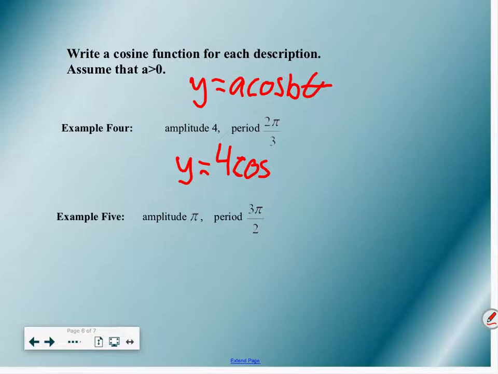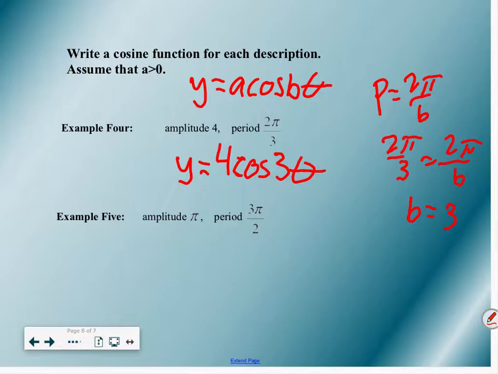No. I know my period is 2 pi over B. My period in this case is 2 pi over 3. So I have 2 pi over 3 equals 2 pi over B. Cross multiply: 6 pi equals 2 pi B. So B is 3. So I have 4 cosine of 3 theta.